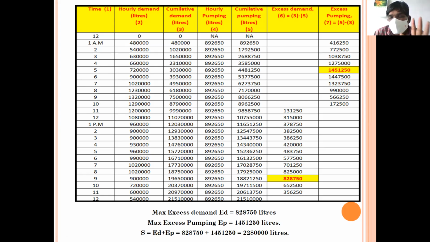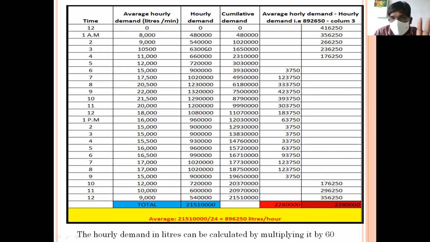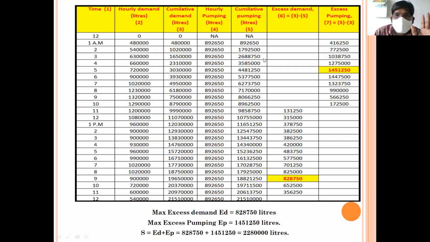We need to find out cumulative demand, hourly demand, and average hourly demand. See excessive pumping and excessive demand, and also cumulative demand and cumulative pumping. Once we get these two values, automatically we get the data about the required storage capacity.